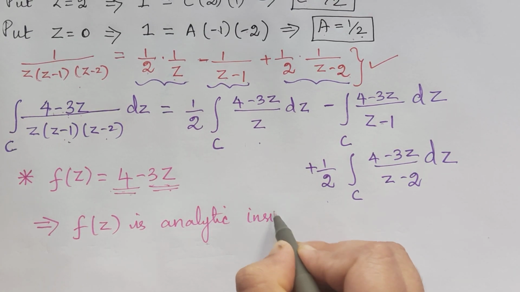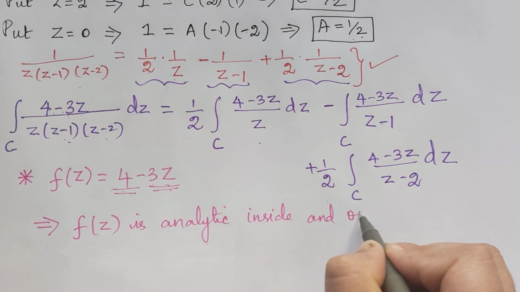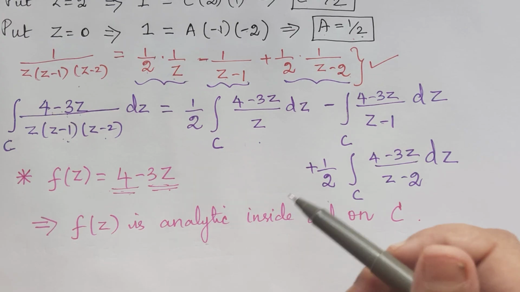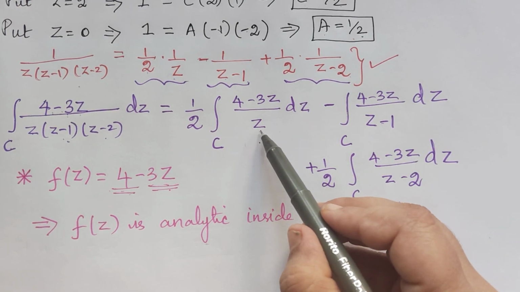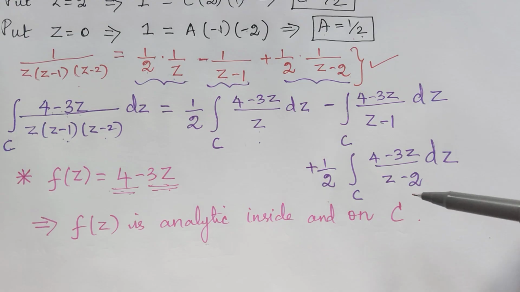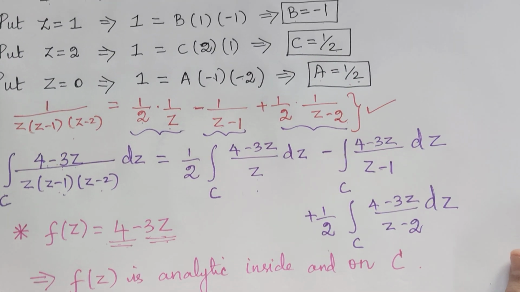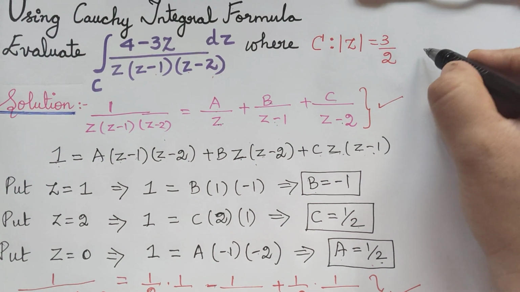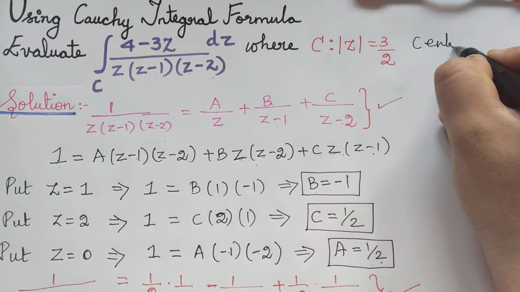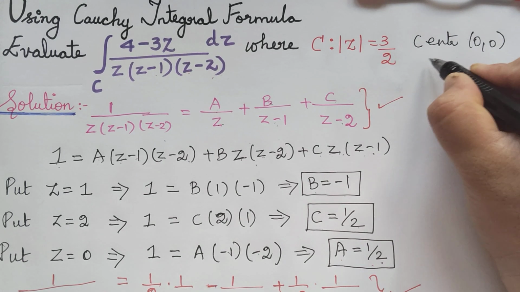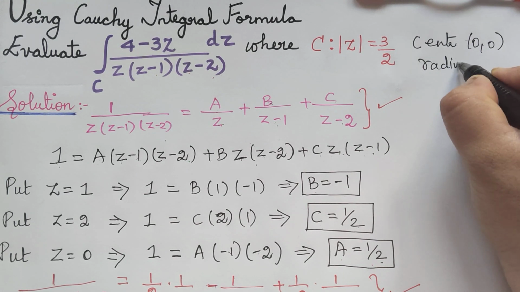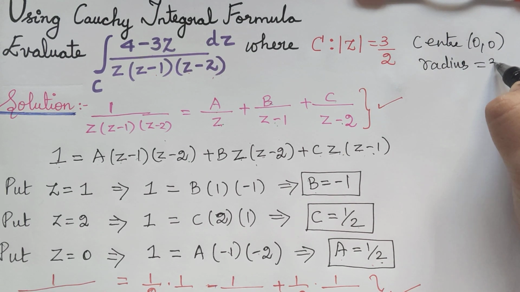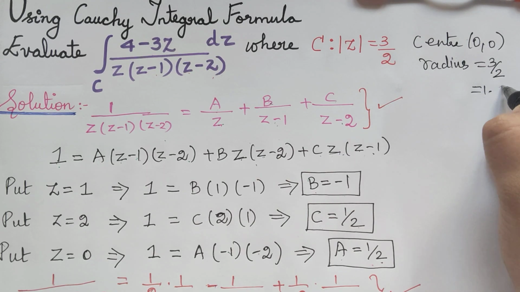inside and on C. So now we are done with the first condition. The second condition is, for each of the integrals we have to check whether z naught lies inside C. For that, first we should see what is the given circle C. The circle is at the origin, so the center is at the origin, and the radius is equal to 3 by 2, that is 1.5.